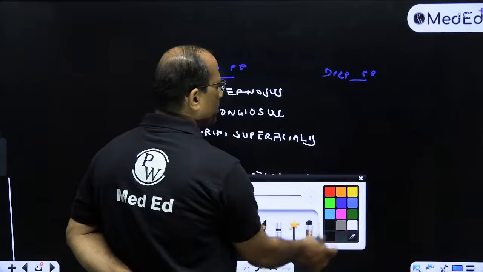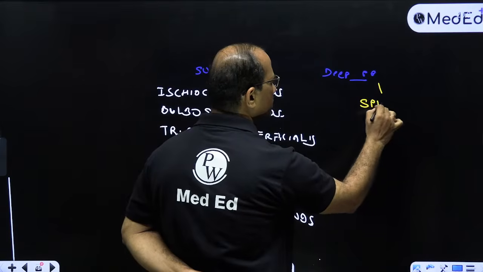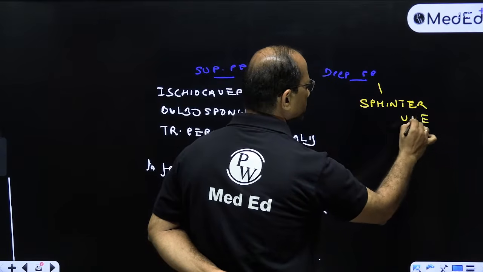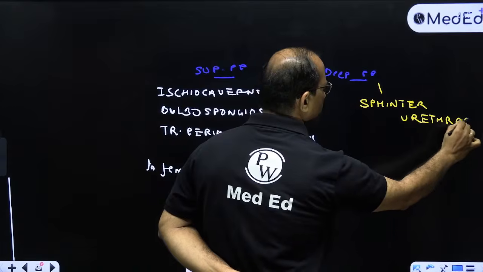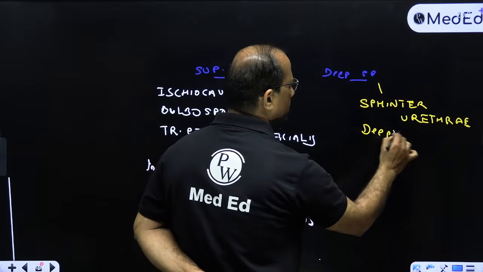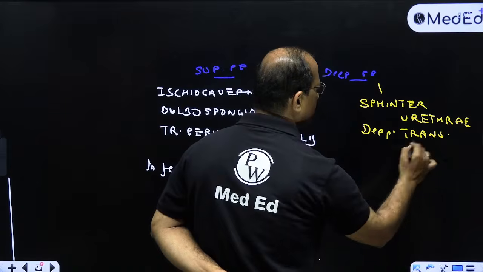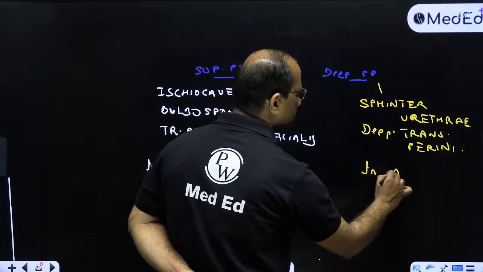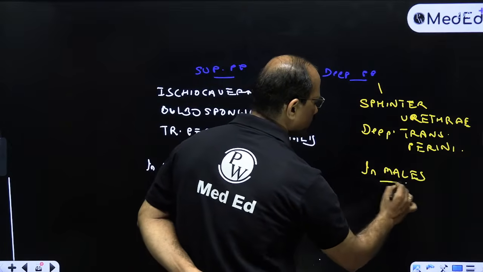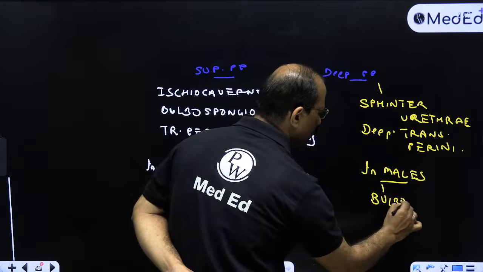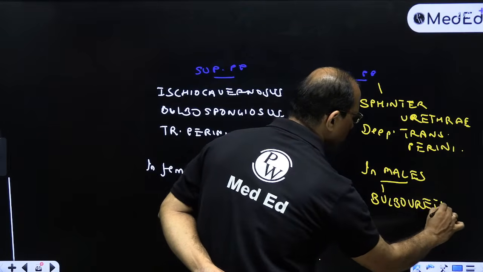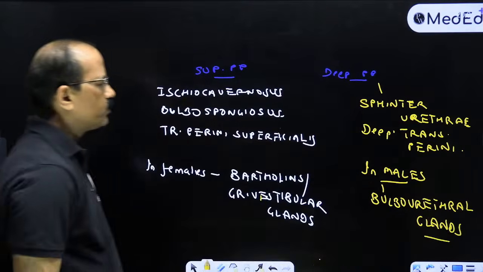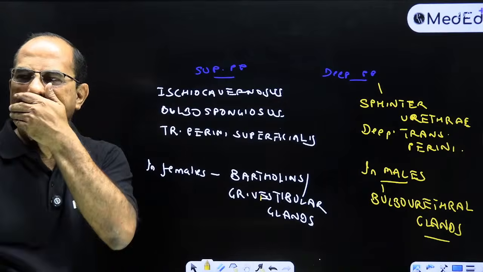In the deep perineal pouch, you have got sphincter urethrae and deep transverse perinei, and in males you got the bulbourethral glands. बस ये टेबल याद रखना, that's it.